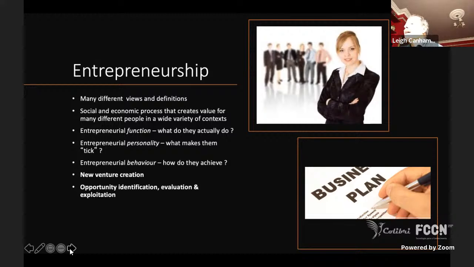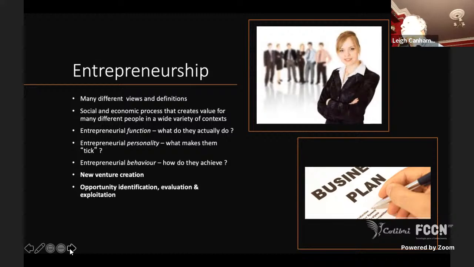And good entrepreneurs are really people who are excellent at identifying opportunities, evaluating just how good they are, and exploiting them. That's the key to it.